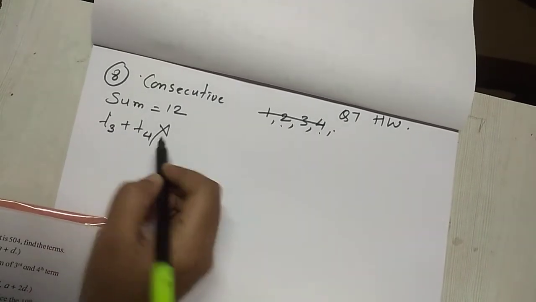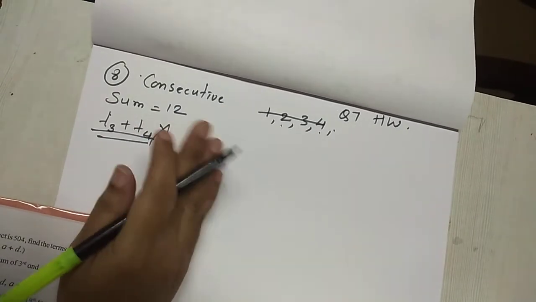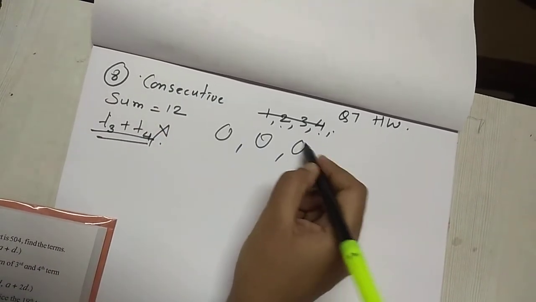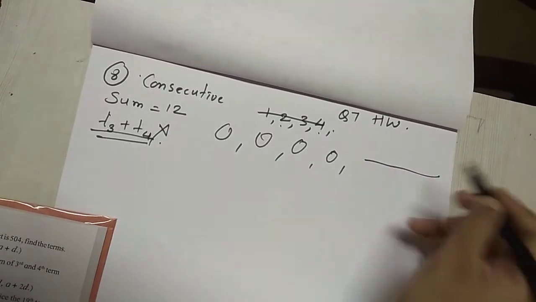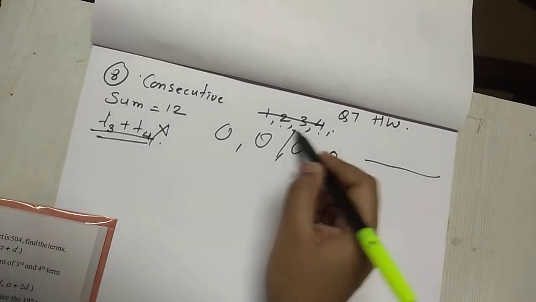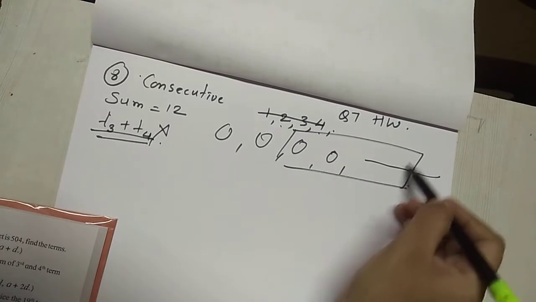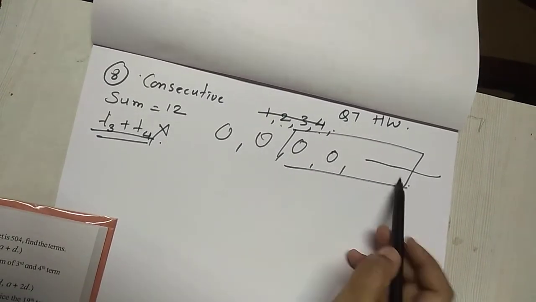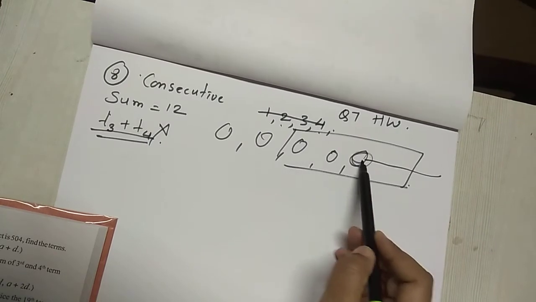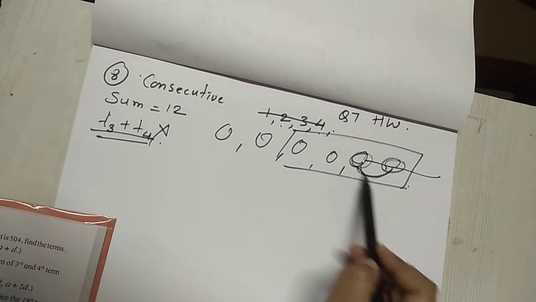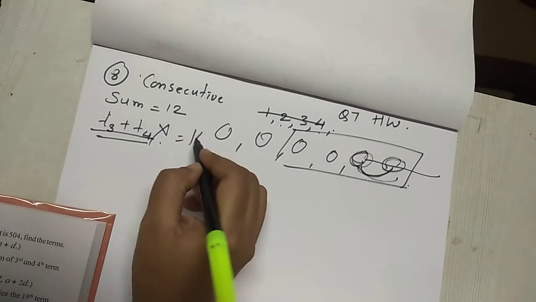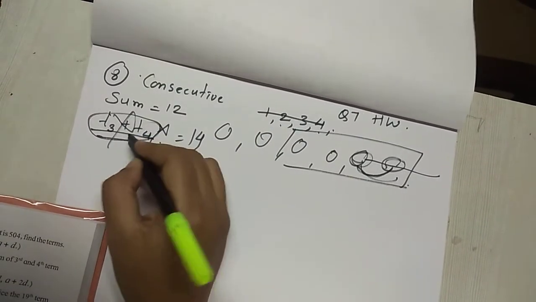An AP is there like this, some numbers are there, and there is a collection of 4 terms in between. Out of these 4 terms, the ones standing in the third and fourth position, their total is given as 14. So I can't write T3 plus T4.